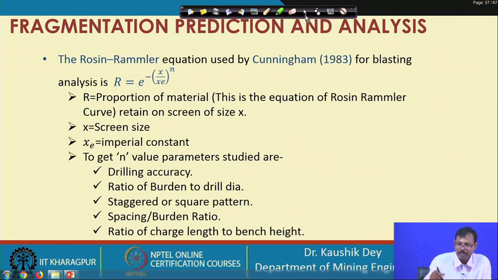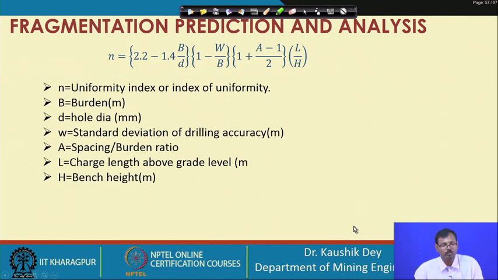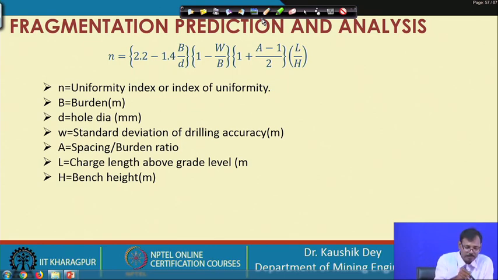The constant n is not actually a constant. It is called the uniformity index, which basically governs the slope between K20 and K80. That uniformity index may be estimated as a function of burden, hole diameter, standard deviation of drilling accuracy, spacing by burden ratio, charge length, bench height and so on.